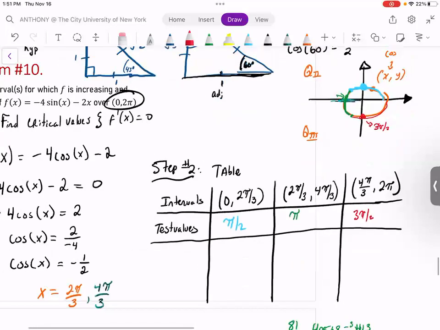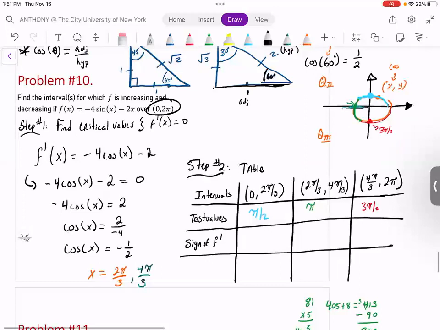So for each of your test values, you're plugging them into the first derivative. We just want the sign of f prime. Well, let's look back. Our first derivative was defined as -4 cosine of x minus 2. So we actually got to work this out.